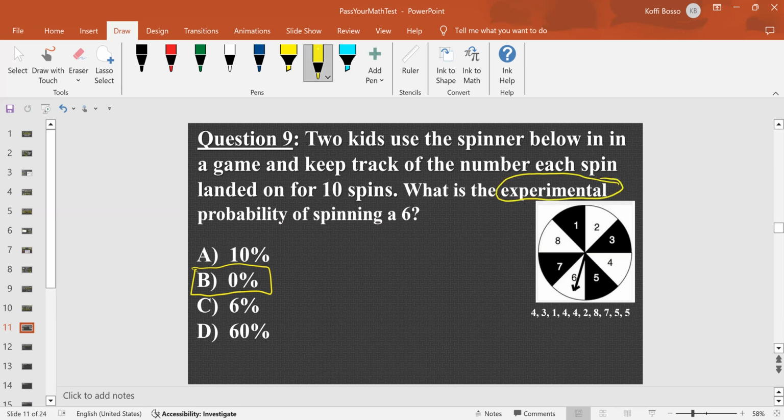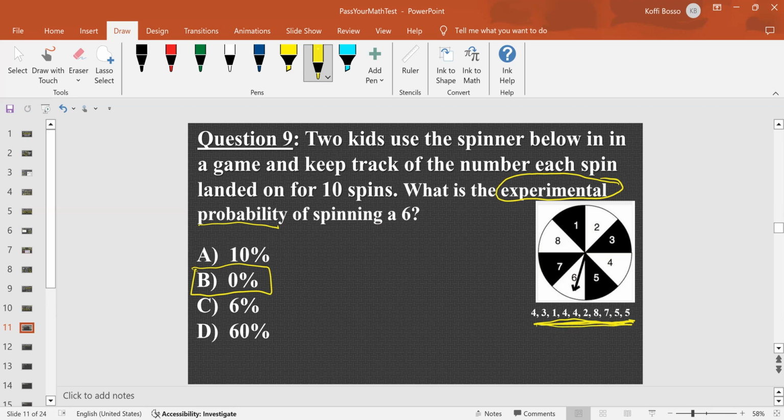Experimental probability. And understand that for experimental probability, the versus is what? Theoretical probability. Look here. I'm going to use the values, the 10 numbers the kids got when they spun this spinner.